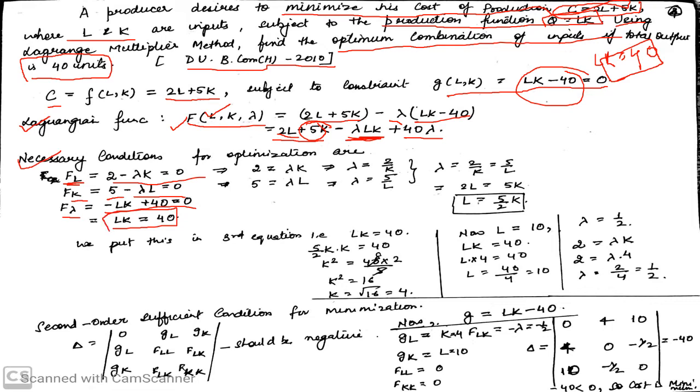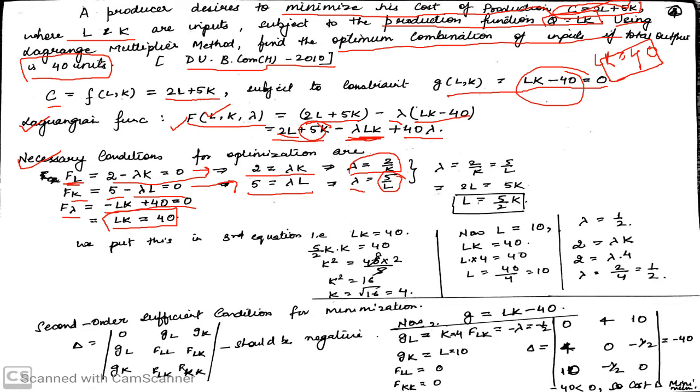Our next step is to find the values of L, labor, capital and lambda. Now this is 2 is equal to lambda K from here, so we get lambda is equal to 2 by K. From this equation we know that 5 is equal to lambda L and lambda is equal to 5 by L, right?